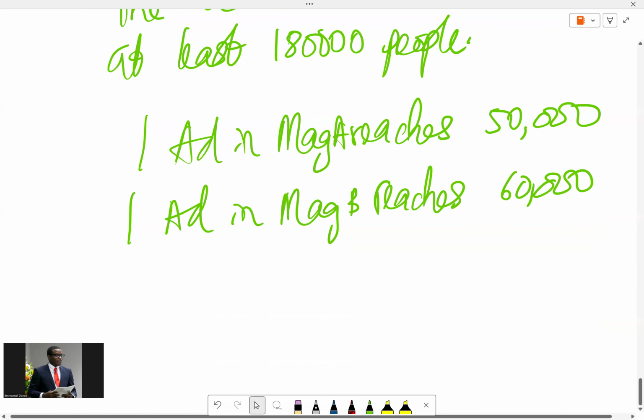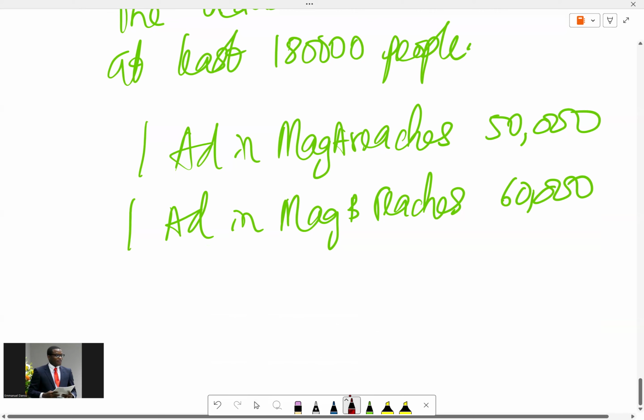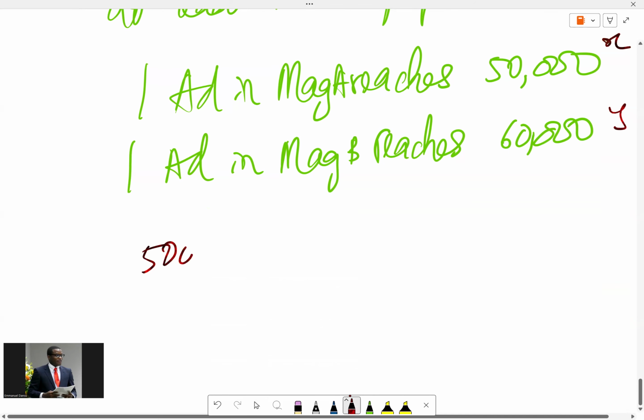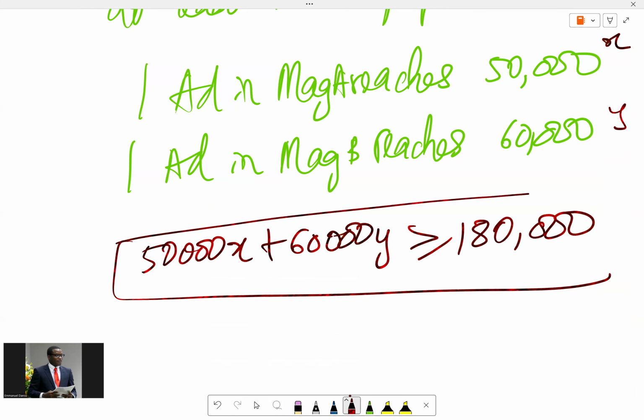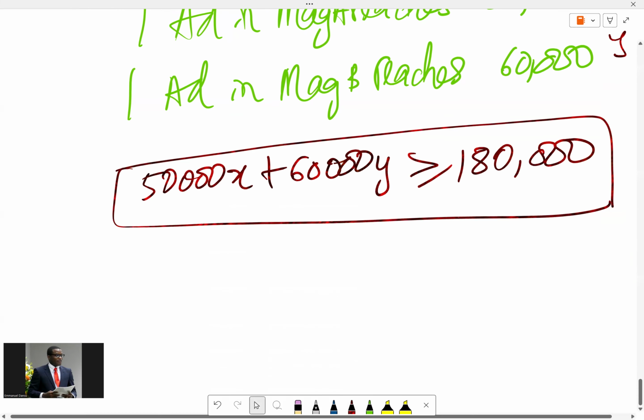So in A you have X and in B you have Y. It means that 50,000 X plus 60,000 Y should be greater than or equal to 180,000. Talking about reach now, that's your second constraint.